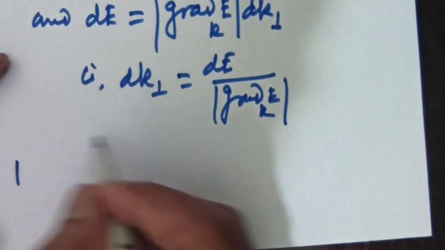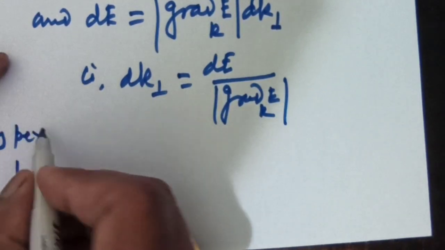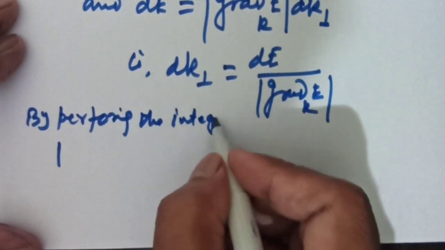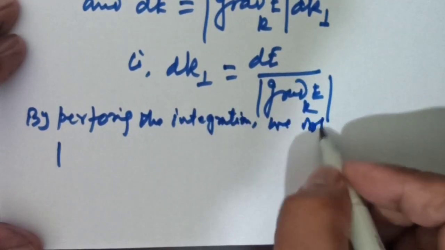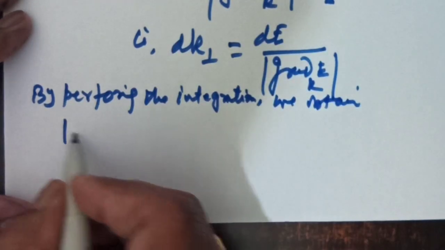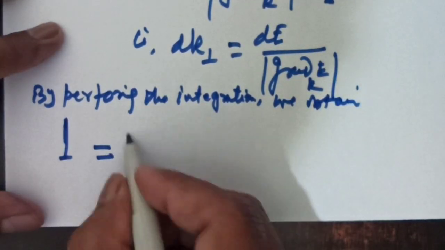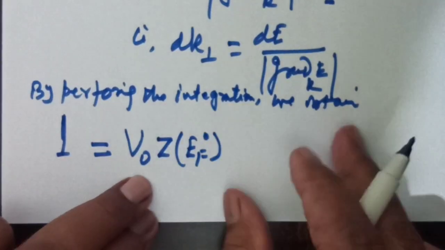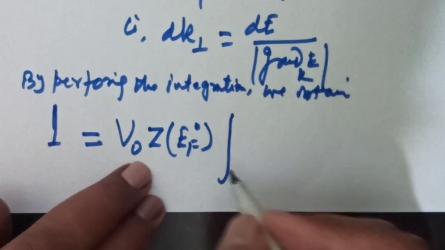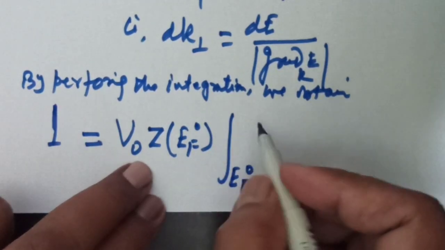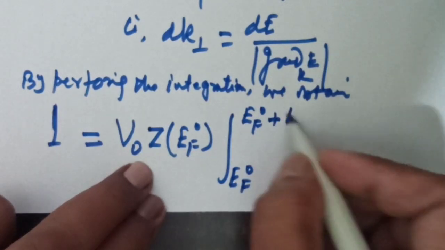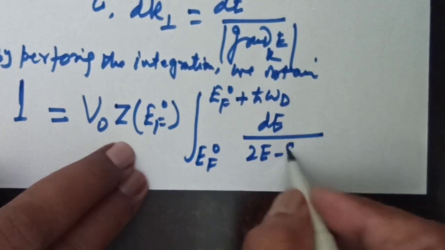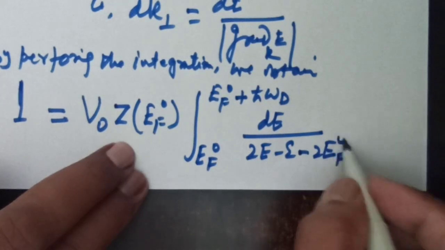So by performing the integration, we obtain 1 is equal to V naught Z EF naught, integral between the two limits EF naught and EF naught plus H cross omega d, of dE divided by 2E minus small e minus 2EF naught.